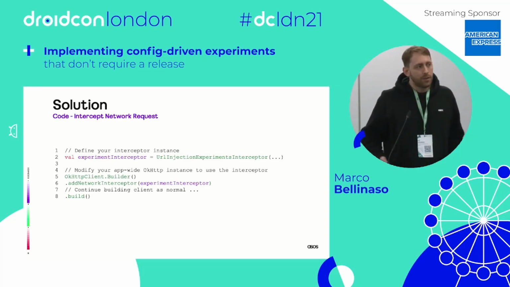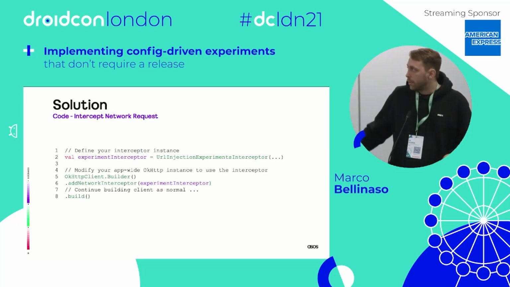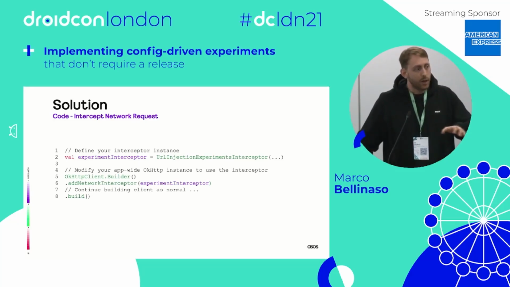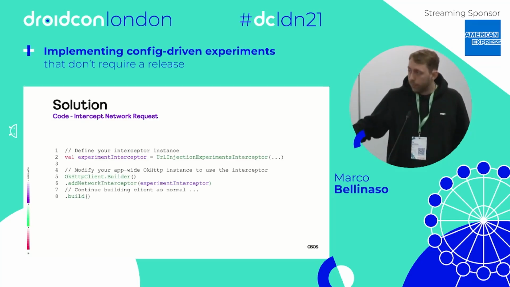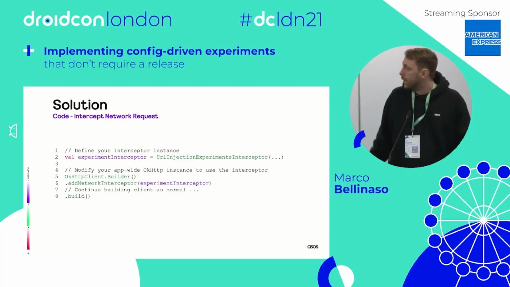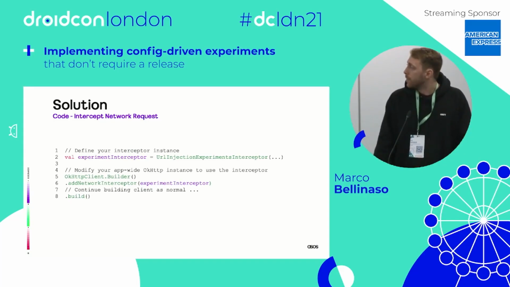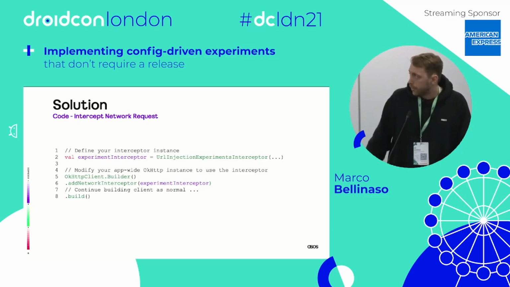Network interceptors are the last step of the process before the request is fired to the network. So you would take your request, it would go through OkHttp, and then just before it's fired to the network, you would use OkHttp's network interceptor to intercept the request and make the modifications. The difference is that an interceptor would do it prior to OkHttp receiving a call. So the code is very straightforward. We define our URL injection experiments interceptor.